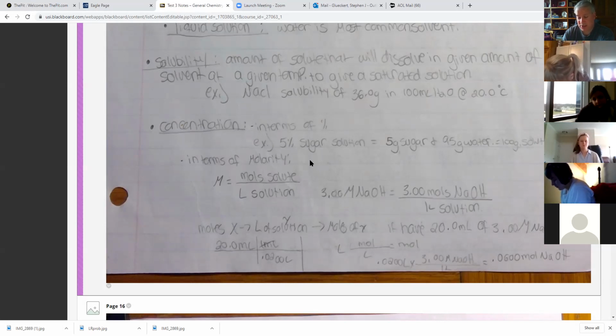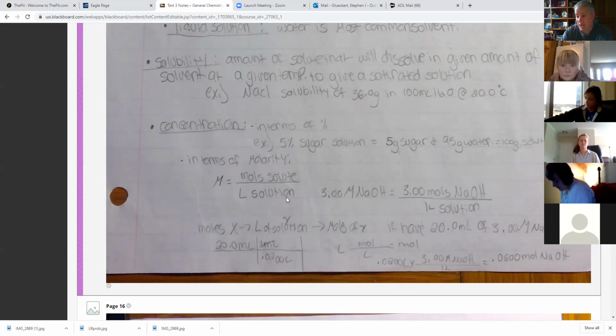Another way of expressing concentration is in terms of molarity. And again, if you've done the buffers lab, we talked about this a little bit. We may have also talked about it a little bit with the copper lab. Molarity is defined to be moles of solute over liters of solution.